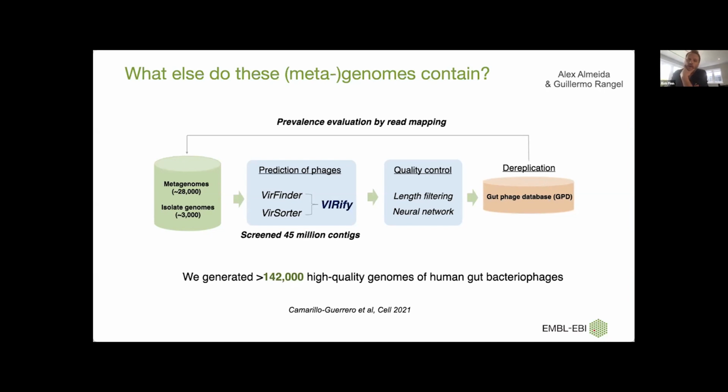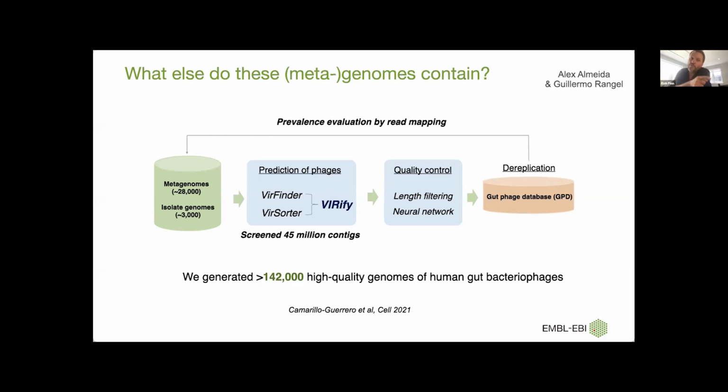We have gone through a process of taking some of the high quality isolate genomes, and developed a pipeline called VERIFY that uses a number of public tools and some in-house profile HMMs for trying to actually identify taxonomy of those phages. Once we've identified contigs that we think are phages, we undergo a lot of filtering and quality control, and we've come up with a gut phage database.